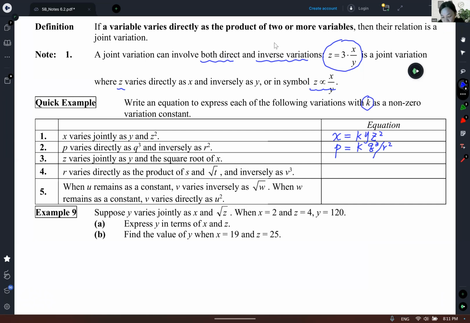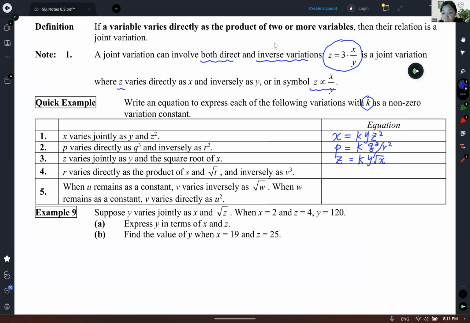Example 3: Z varies jointly as Y and the square root of X. So Z is on the left, Y and the square root of X are put together with a variation constant K. Example 4: R varies directly as the product of S and square root T and inversely as V cubed.